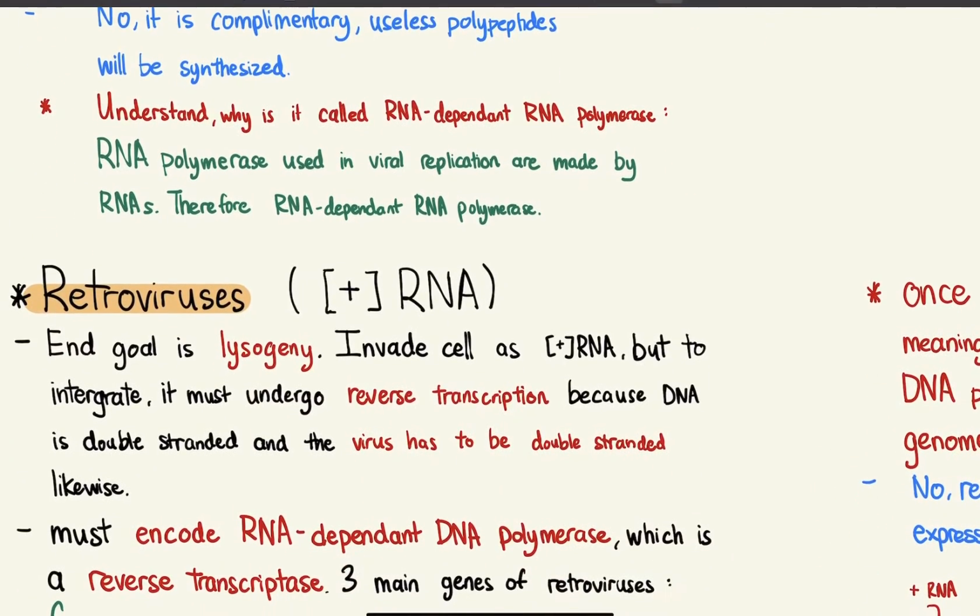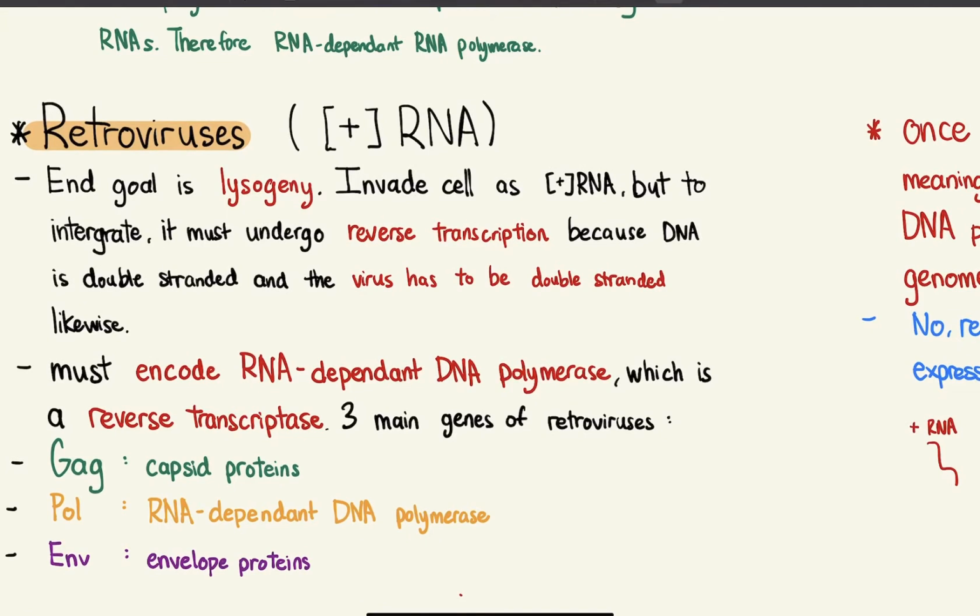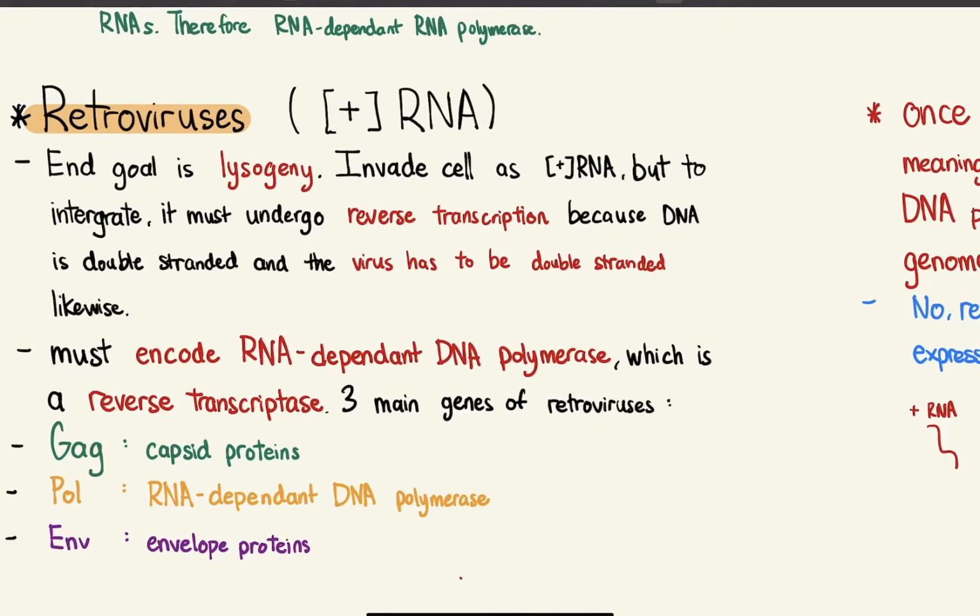Now let's talk about retroviruses. Here's an example of a positive RNA retrovirus. The end goal of a retrovirus is lysogeny, and lysogeny just refers to the lysogenic cycle, where it wants to incorporate its genes with the host cell's genes. And if it's a DNA, then of course it has to somehow duplicate itself or it has to be double-stranded, is what I'm trying to say.